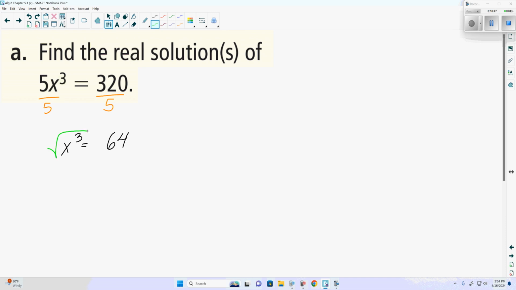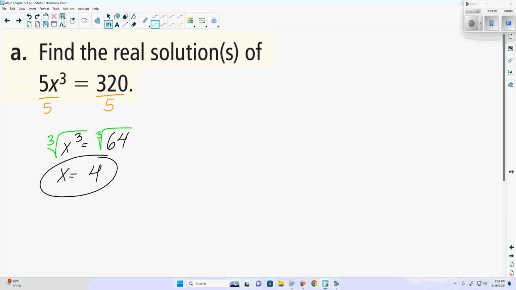And our root that we're taking is the third. Now the cube root of x to the third is x, is equal to 4. Now since this is an odd root, we only have 1 real root. And x is already solved for, so we are done. x is 4.